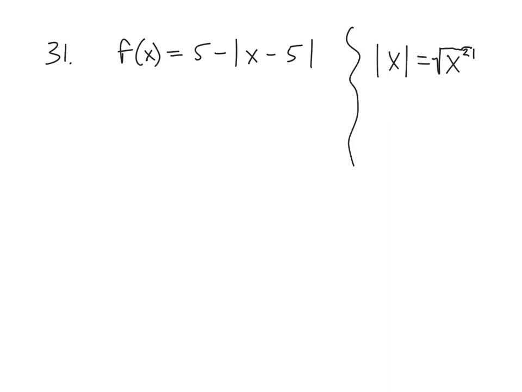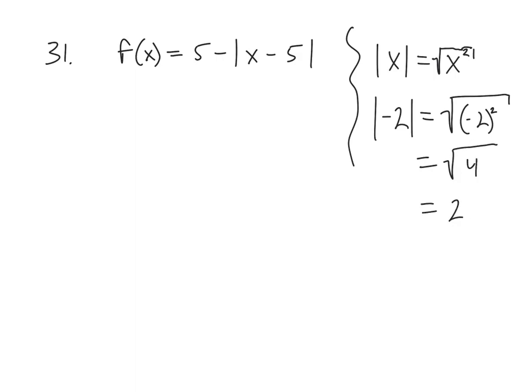So even if you had a negative x value, let's say the absolute value of -2, well, if we square -2 and then take the square root, well, the square of -2 is 4, and then the square root of 4 is 2, which is in fact the absolute value of -2.